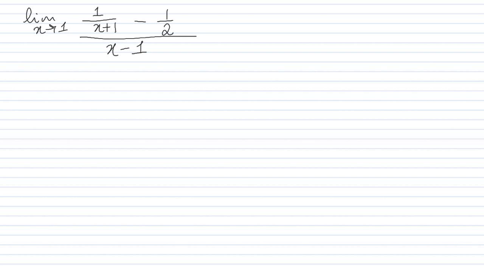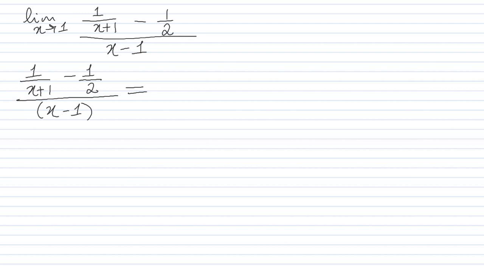So simplifying the function would involve 1 over x plus 1 minus 1/2 divided by x minus 1. So that's the function, right? Because we're going to simplify this function.